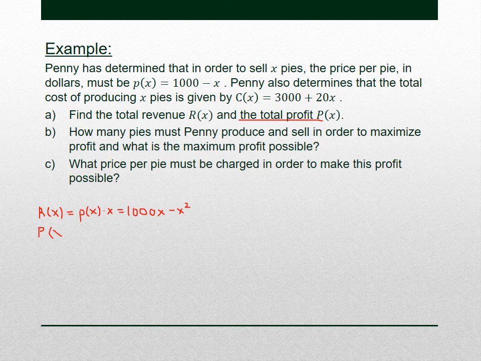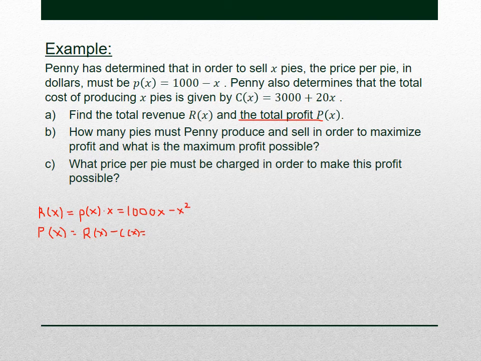We're also asked to find the total profit. So remember, profit is revenue minus cost. You guys can double check me on this, but if I take a revenue of 1,000x minus x squared and subtract 3,000 plus 20x, which is our cost function, so what do we get? I'm just going to denote for you guys, this is revenue minus cost.